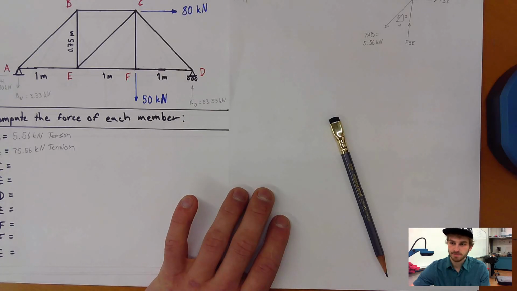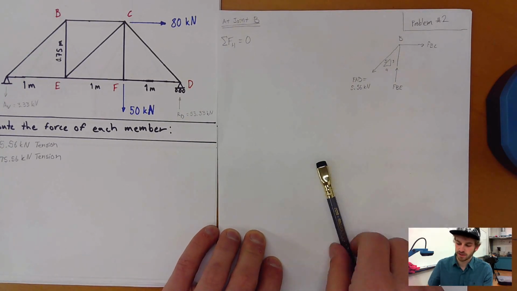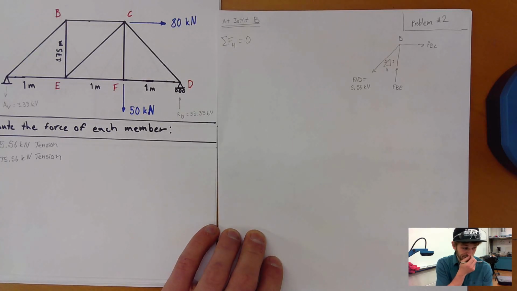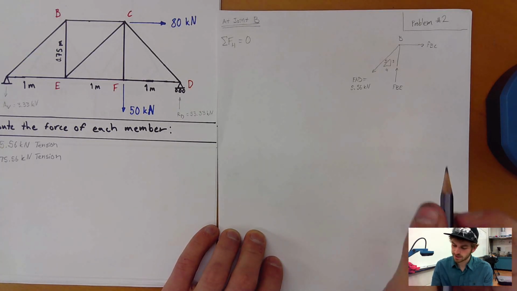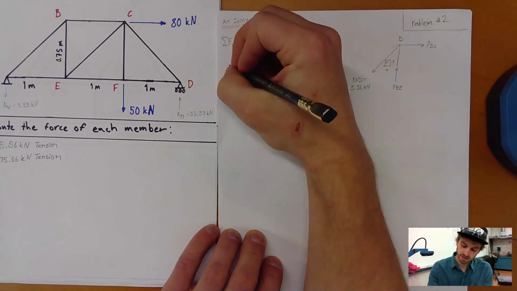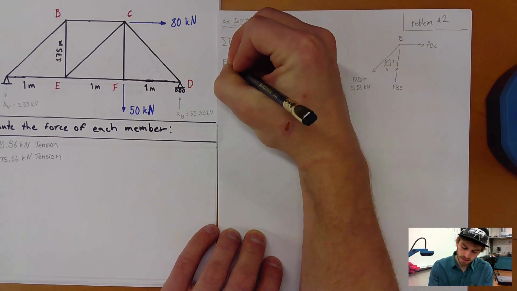Okay. So the sum of the forces in the horizontal direction must be equal to 0. Let's take FBC first.